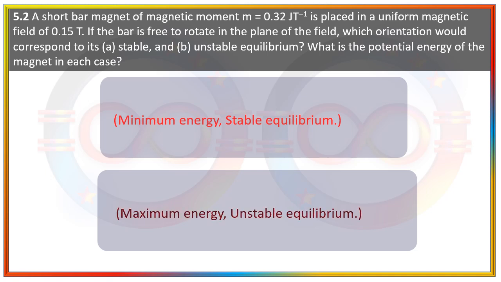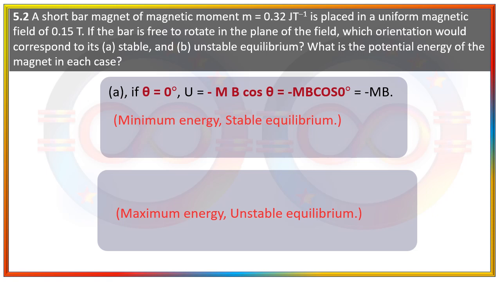Formula of the potential energy we can use is U is equal to minus mB cos theta, and at the orientation when it is 0 degree, it is minimum energy and stable equilibrium. So if we put cos 0, it is minus mB. M value is given as 0.32, B is given as 0.15 Tesla, so it is minus 0.48 joule.